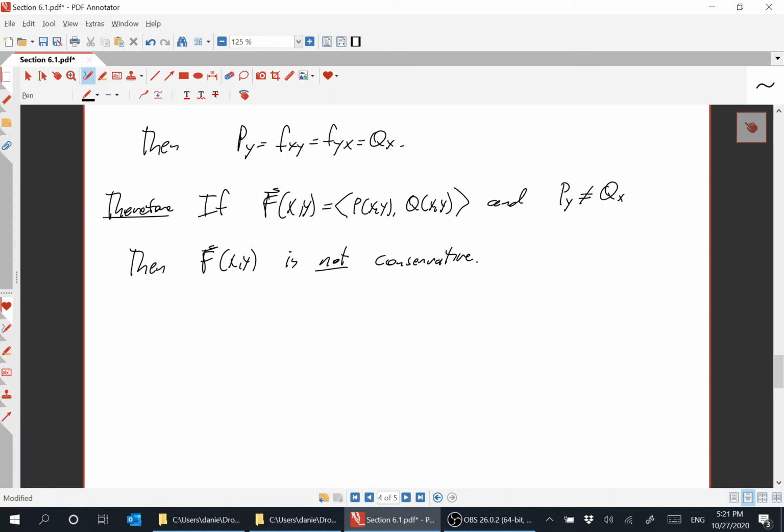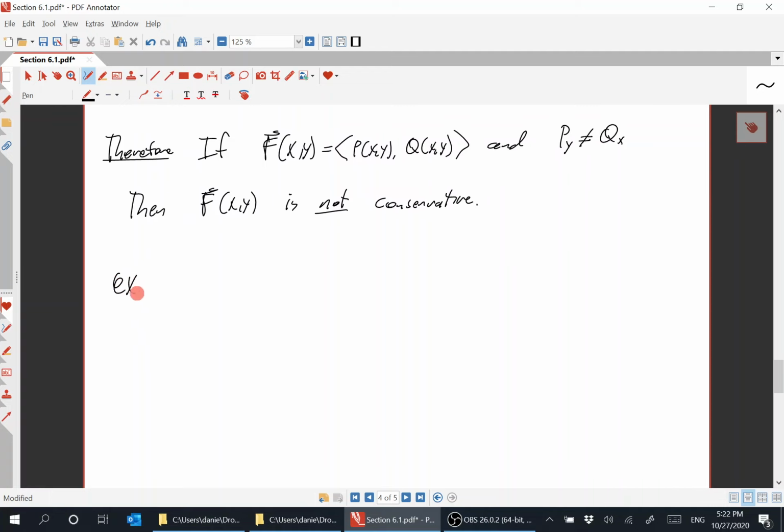It's not the gradient field for any possible potential function. Because if it was, then Py would be fxy, which is equal to fyx by Clairaut's theorem, which should be equal to the derivative of Q with respect to x. So when it's not the case, it's not conservative.